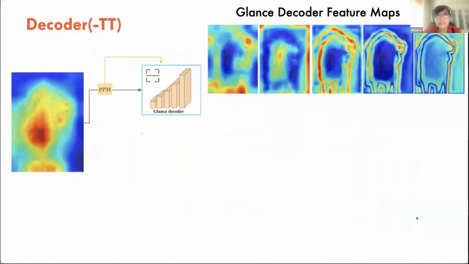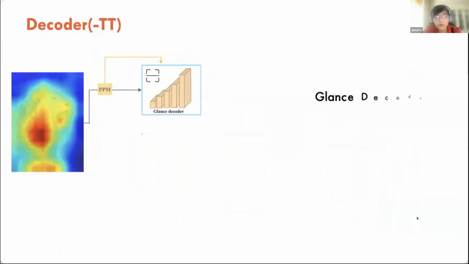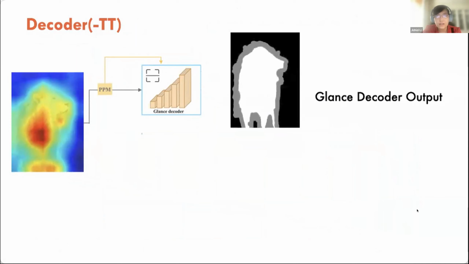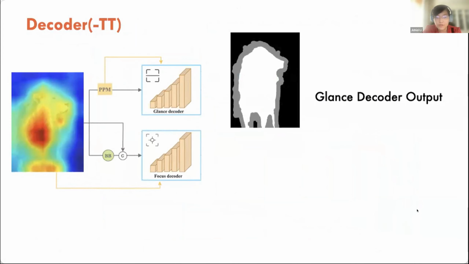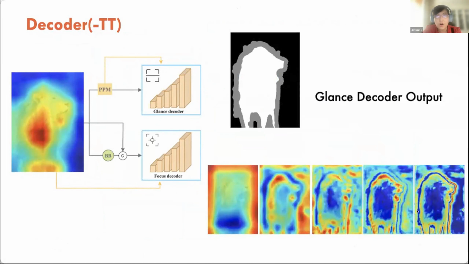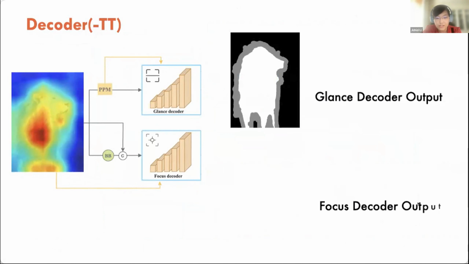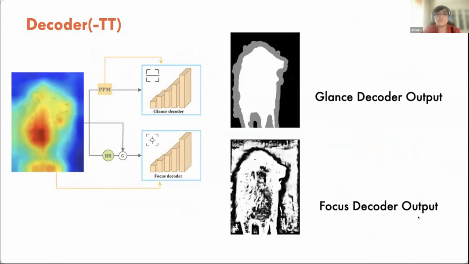One we call the glance decoder. The output of this decoder will be a three-class segmentation, the glance decoder output, and we also pass it simultaneously to a focus decoder, where we get all the details information of the whole image, and here is the output.